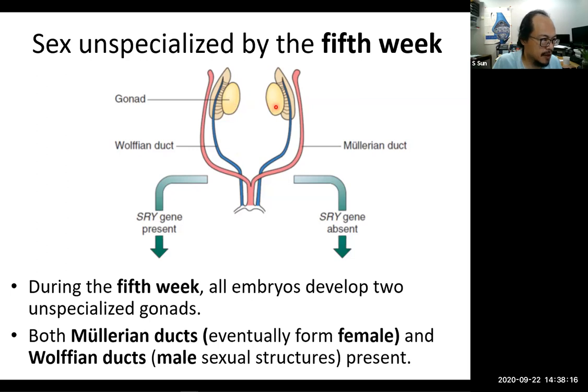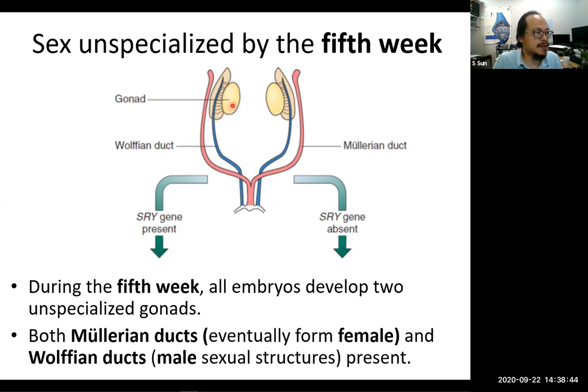We have 2 gonads. We also have 2 tracts. One is called the Wolffian duct, and the other one is called the Mullerian duct. So these two, and this is unspecified yet.